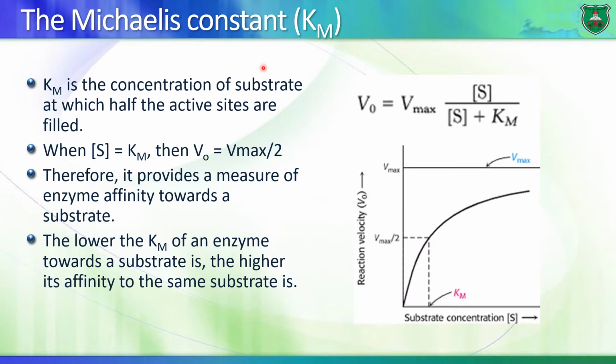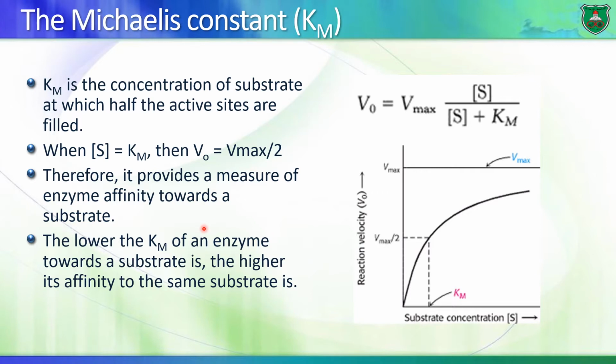Now, again, Km is the concentration of substrate when the velocity of the reaction is half of Vmax. That is, it's the concentration of substrate when 50% of the active sites are filled with a substrate. So it's the same concept as the P50, the pressure of oxygen, when 50% of the oxygen binding sites of myoglobin and hemoglobin are filled with oxygen. Same concept. So the idea here is that Km gives us a sense.